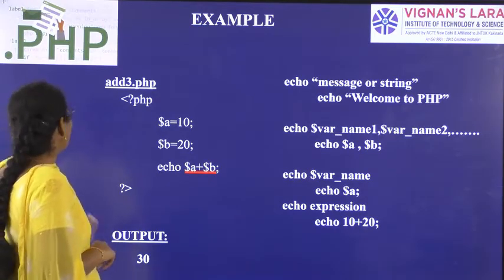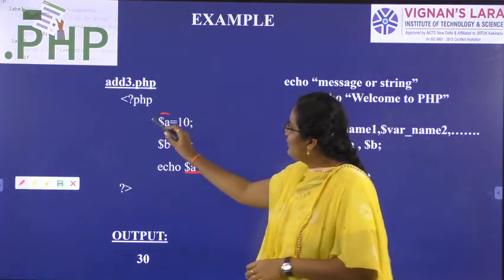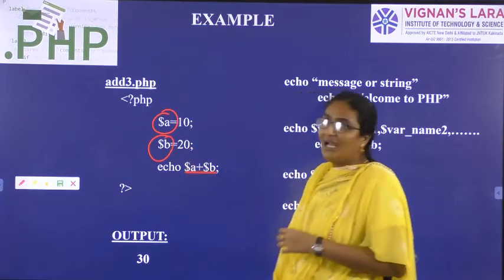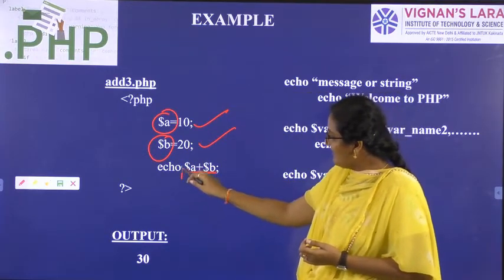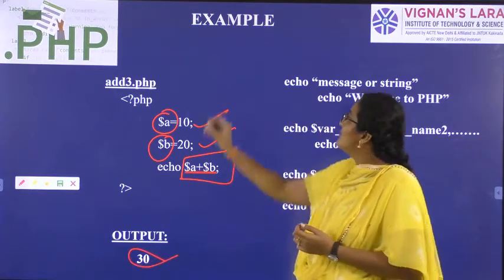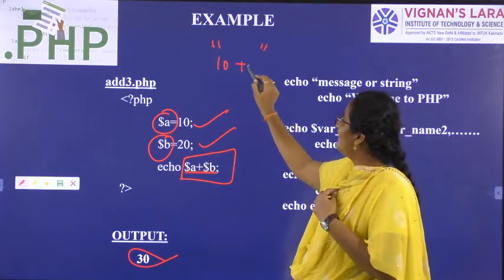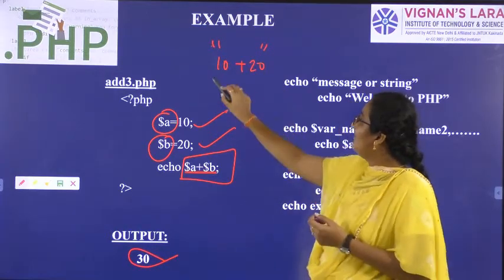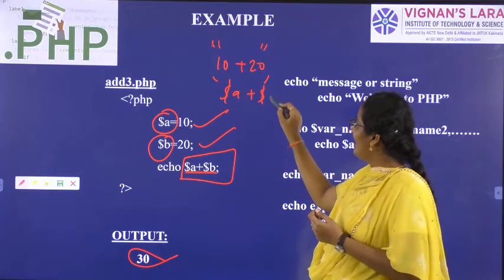Next we will see one more example. See here, this is the actual output I want. I have created two variables A and B. I have given them the values 10 and 20 and I am not using any sort of quotations here. So I got the addition. When we are using double quotations, we will get the assigned values as output. When we are using single quotations, we will get the same sentence as output.